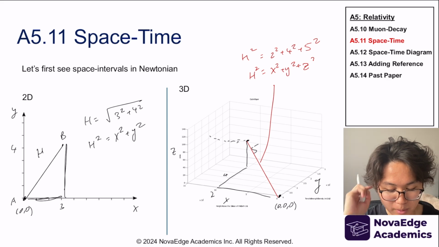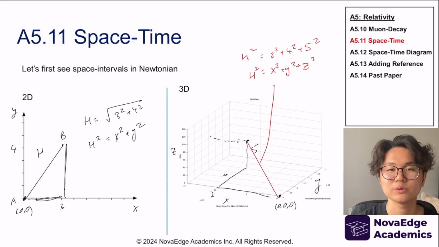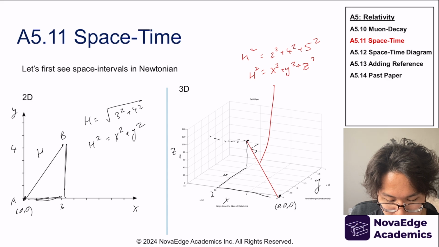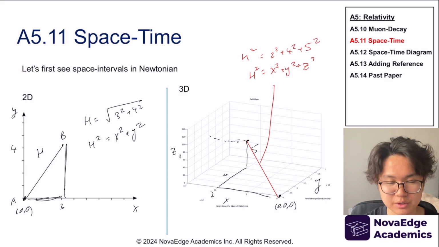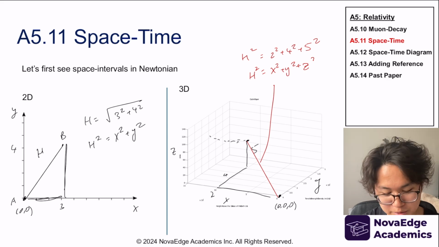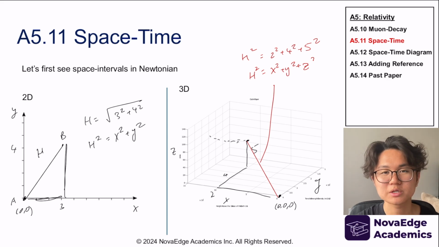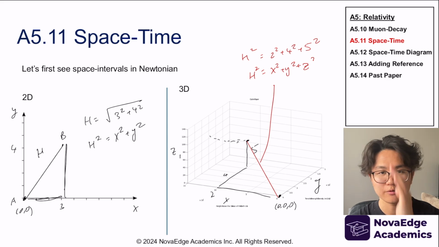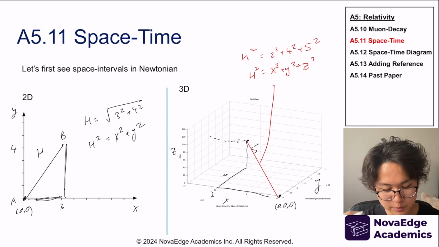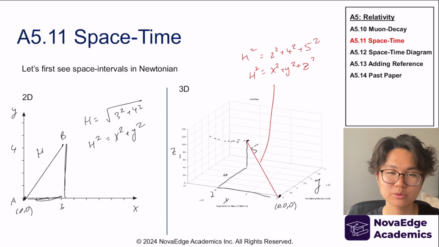You might be mind blown, but we're not going to consider 4D in physics because it's very hard to visualize. We rarely consider 3D as well. We've always considered things in 2D, like projectile motion, where we had vertical and horizontal, so we're going to continue considering only the 2D aspect.